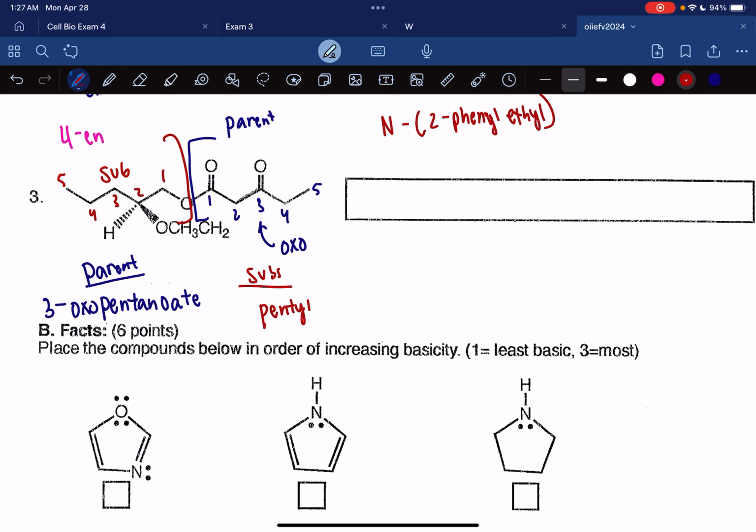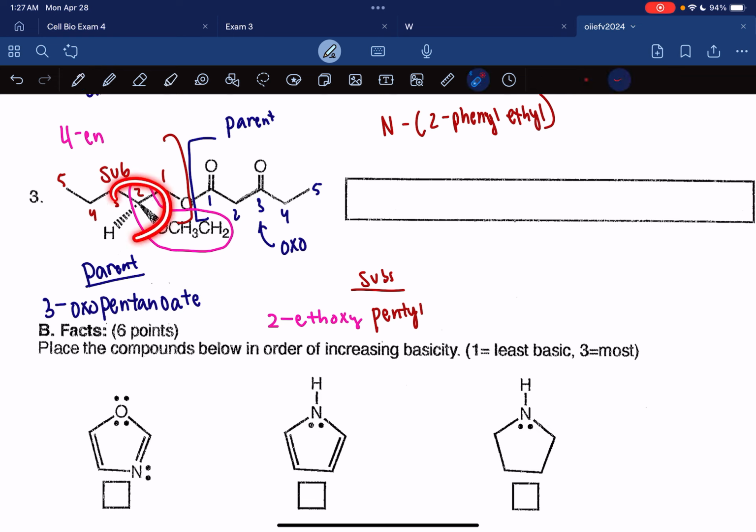And then on the pentyl group at the 2 position here, let's do it in pink, this group is called ethoxy because it's an ether, but as a substituent, you drop the er from the ether and you make an ethoxy. So this is 2-ethoxypentyl.